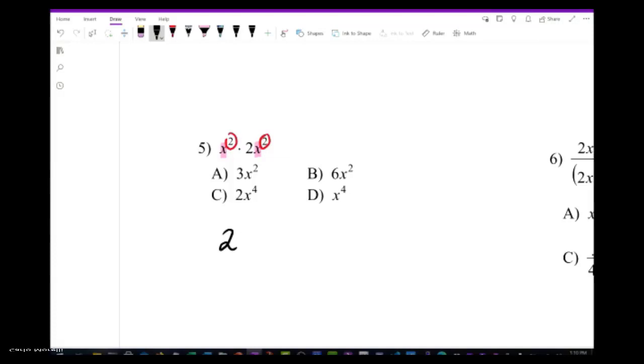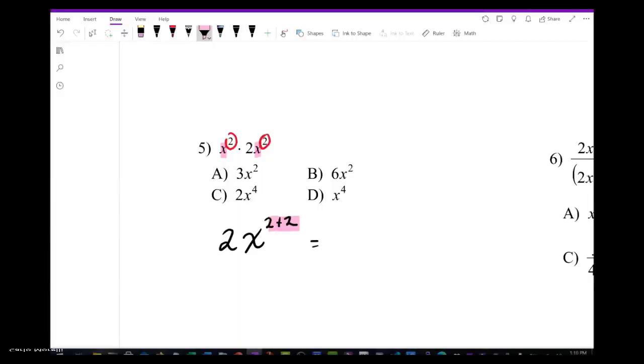It's not a mental exercise. It's certainly not a calculator exercise. So we lead with the 2, and then we write x raised to the power of 2 plus 2. It is important to show that intermediate step, not only so your teacher knows that you understand how to use the product rule, but so that you understand. 2x to the fourth.